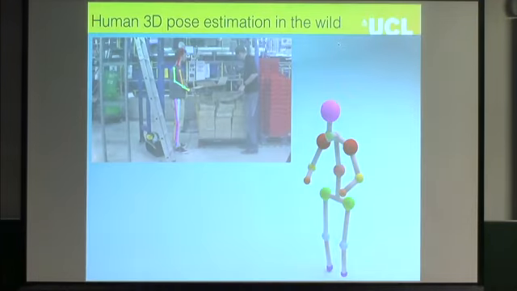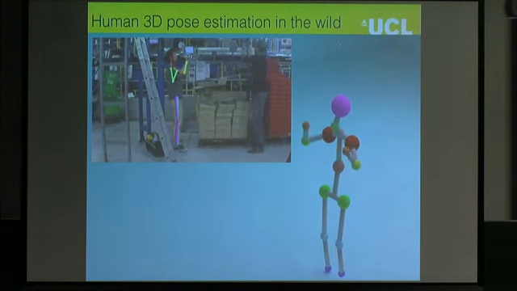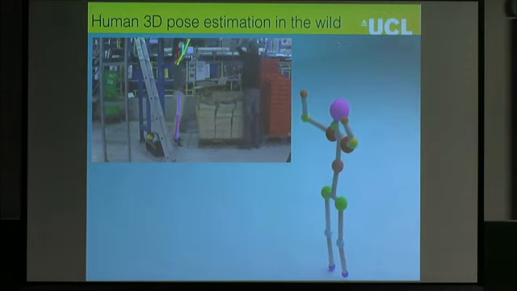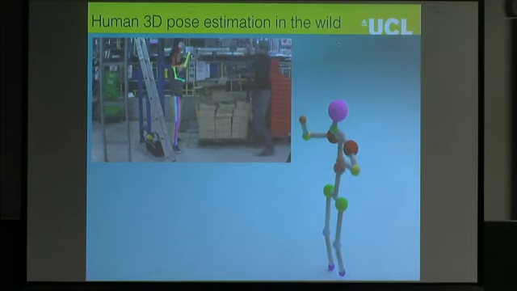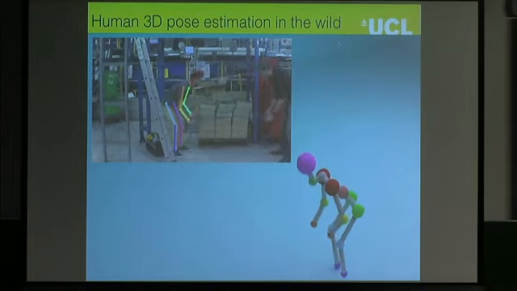And then finally, we now have an EU project where we're working with roboticists, and this is a video that's been taken from a humanoid robot that's observing people who are doing maintenance tasks in a warehouse. So this is pretty tricky footage.